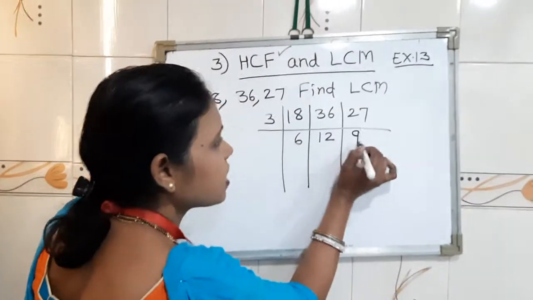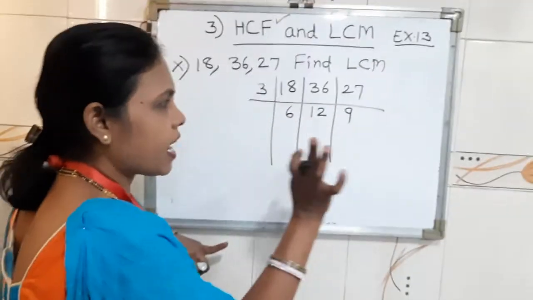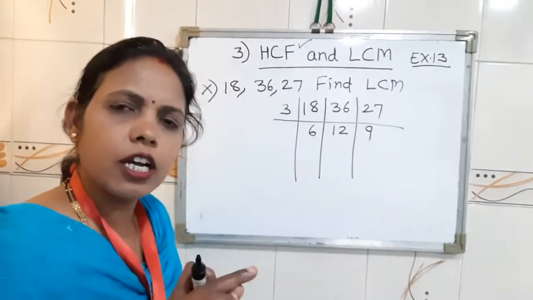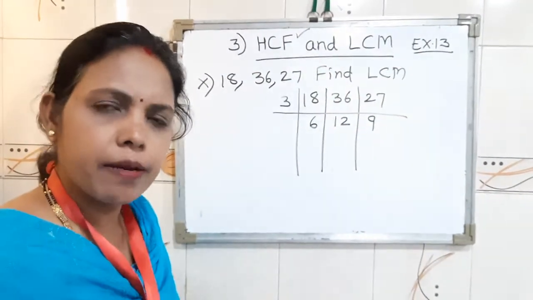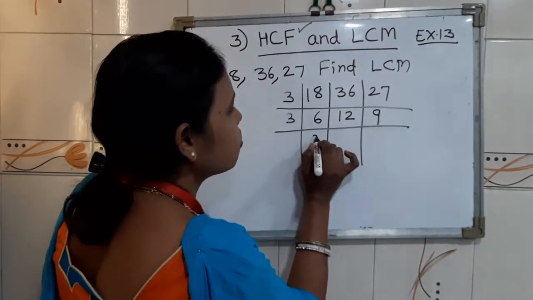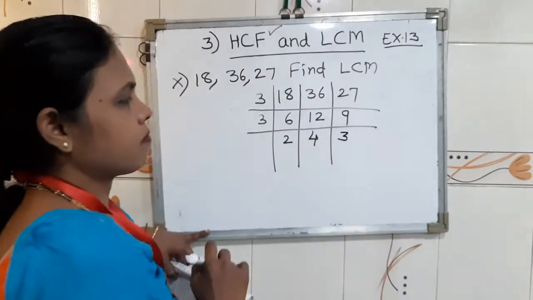Next, 3 9s are 27. Now again we can identify that 6, 12, 9 all three numbers are in the table of 3. Therefore again we will write 3. 3 2s are 6, 3 4s are 12, 3 3s are 9.